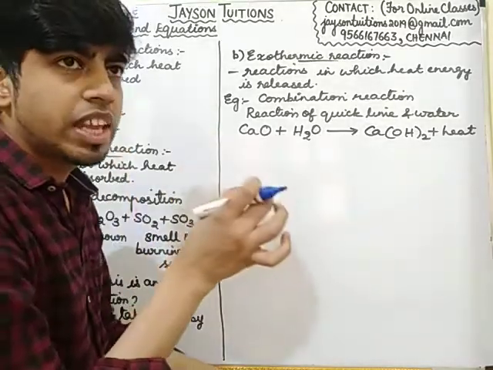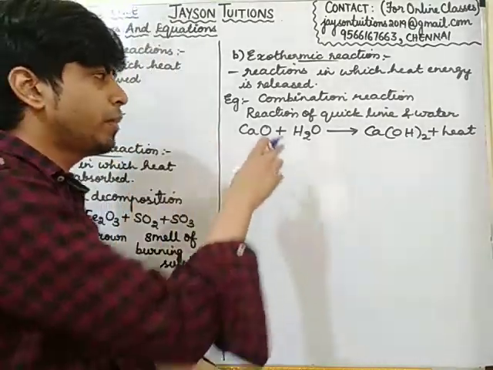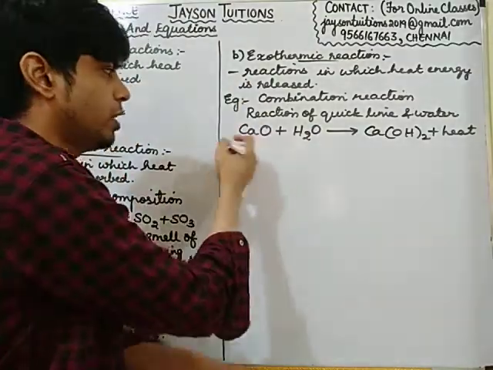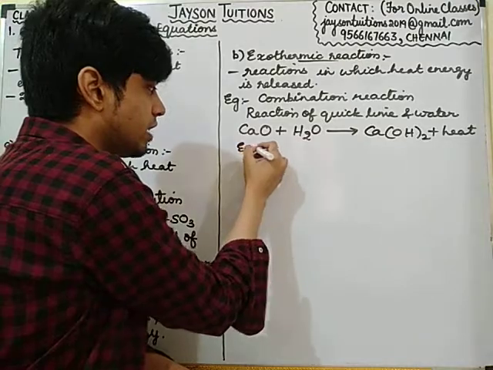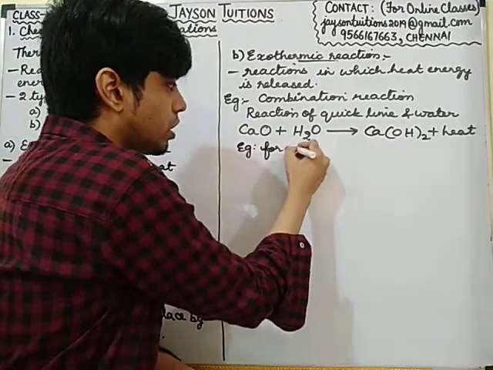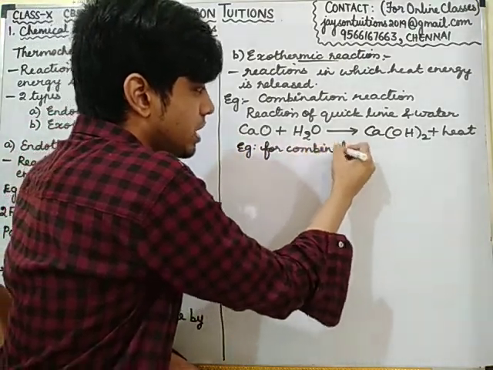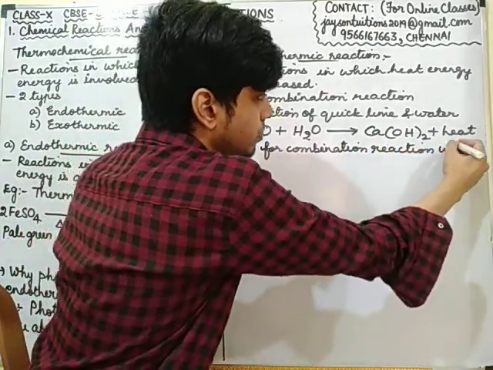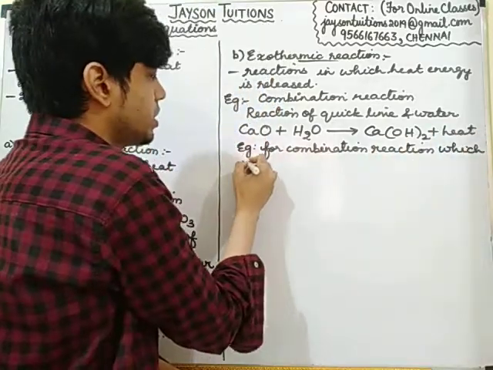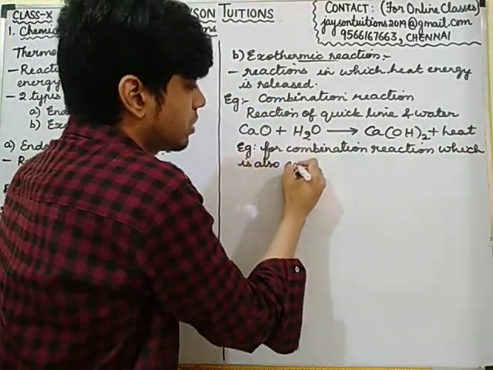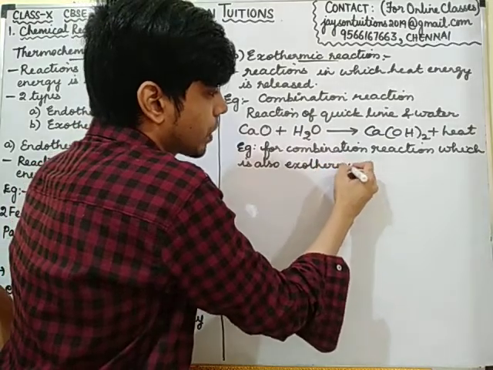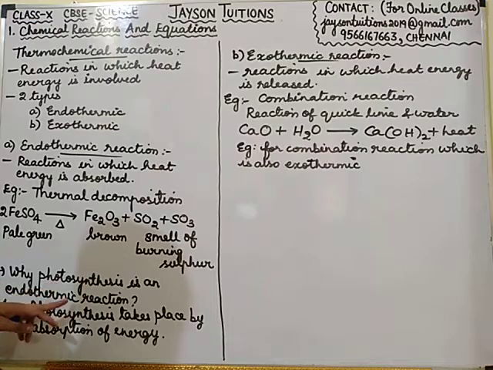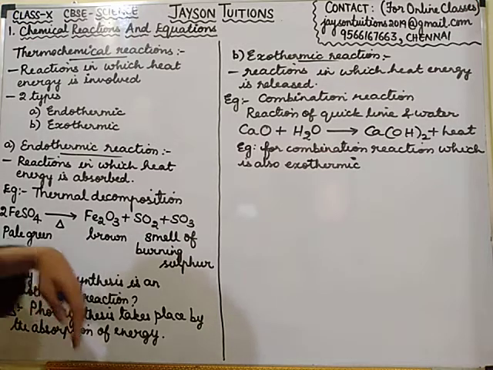Suppose they ask the question, give an example for a combination reaction which is also exothermic, then you can write this equation. In endothermic reaction, they asked a question why photosynthesis is an endothermic reaction.